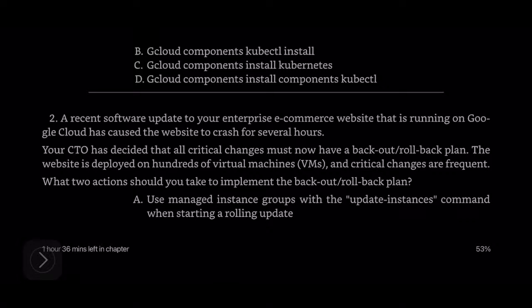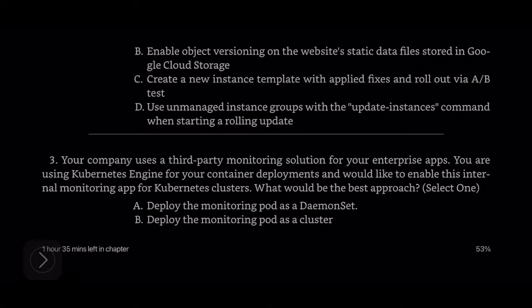Use managed instance groups with the update instances command when starting a rolling update. Enable object versioning on the website's static data files stored in Google Cloud Storage. Create a new instance template with applied fixes and roll out via A/B test. Use unmanaged instance groups with the update instances command when starting a rolling update.